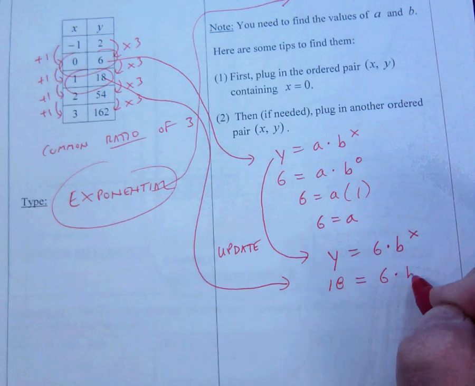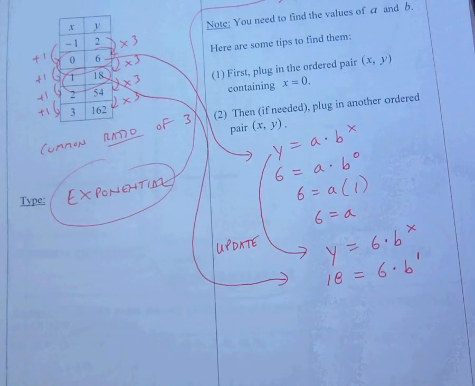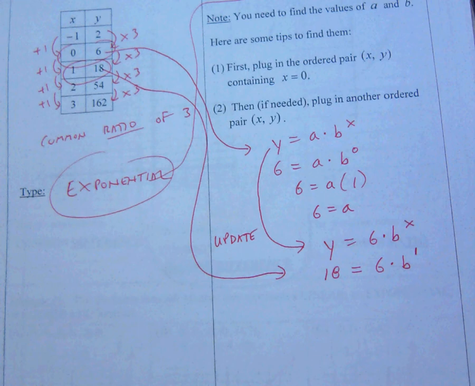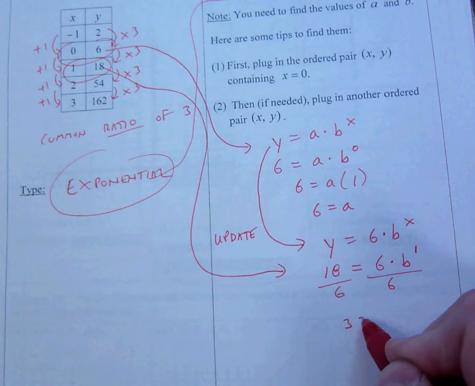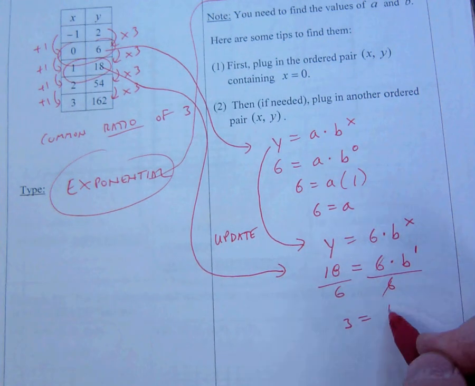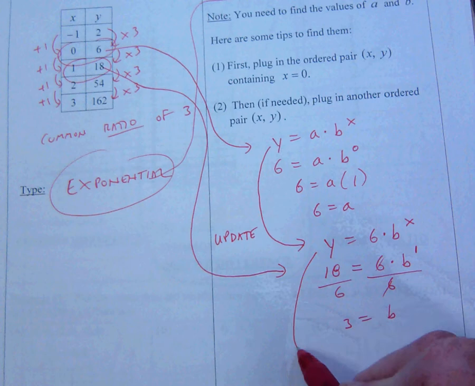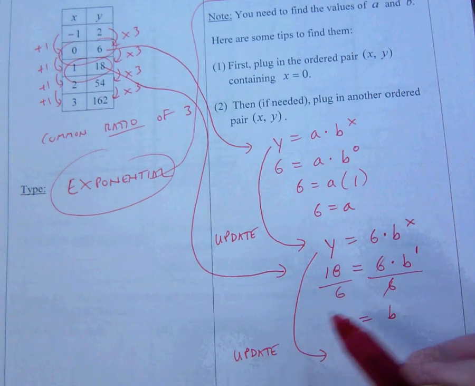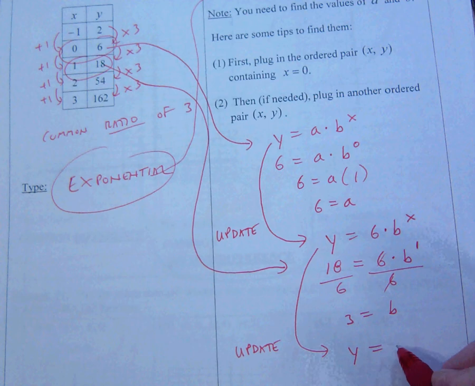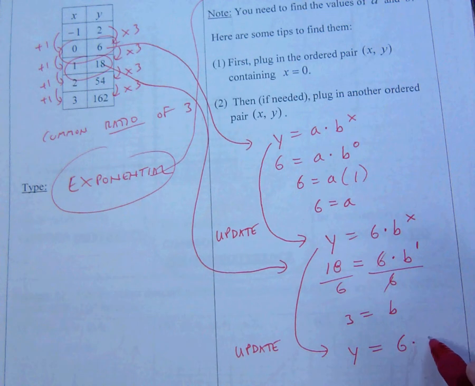Put a 1 there. Divide by 6. And you get b equals 3. Okay, so update this again. Once you update it, you get y equals 6 times 3 raised to the x power.